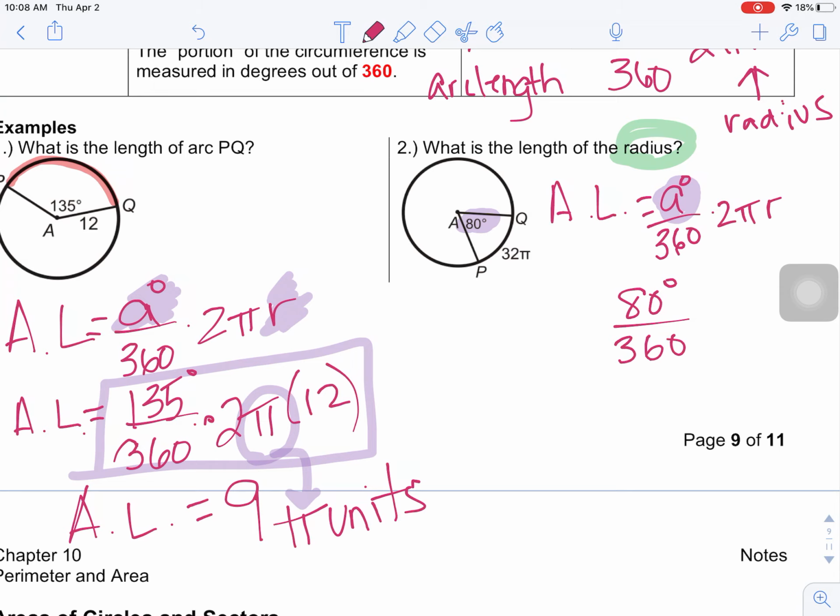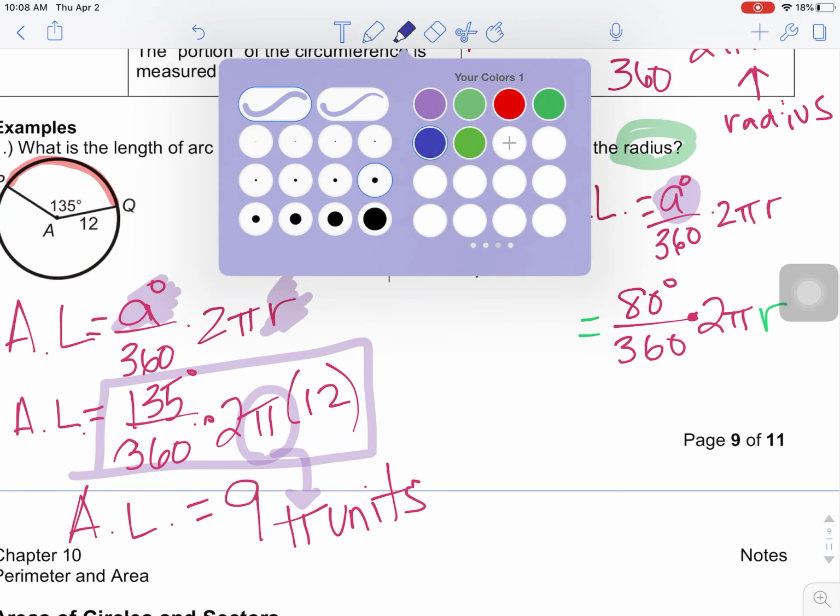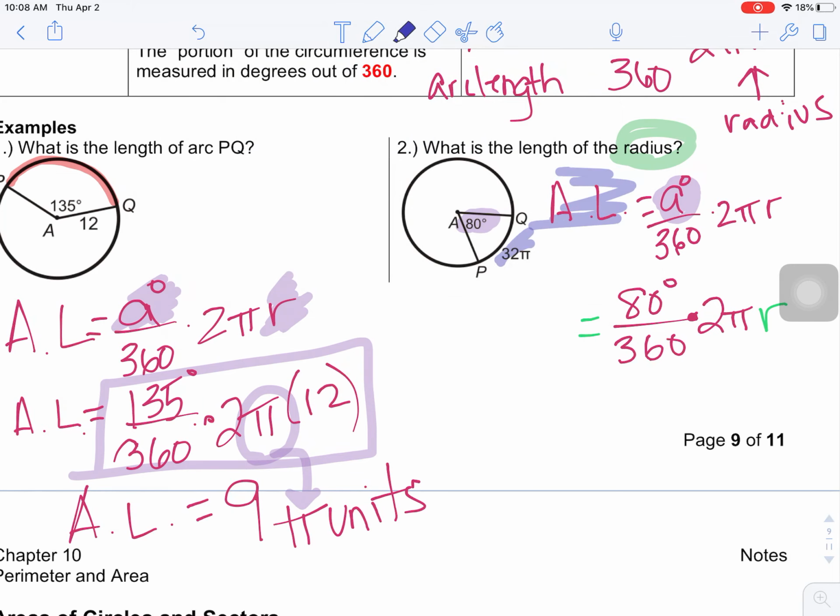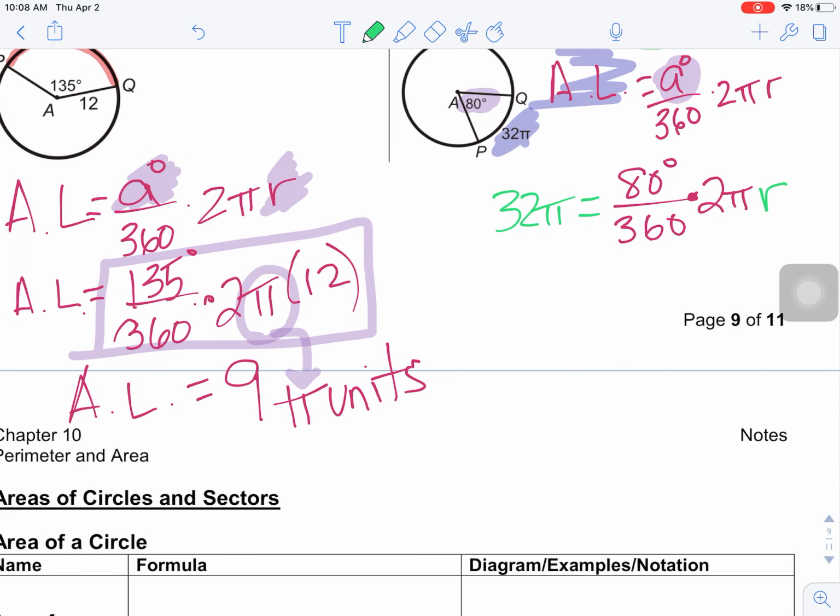I don't have a given radius, so I'm going to write 2 pi r, equal to the arc length they gave me, 32 pi units. Now I'm going to have to do some calculation here, and in the end, after I do some magic with my math, my radius is equal to 72.